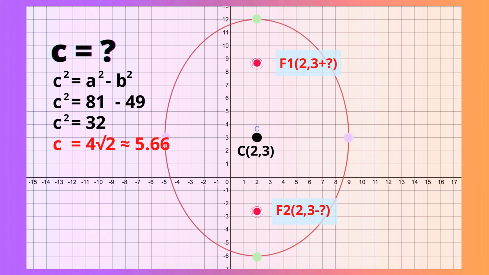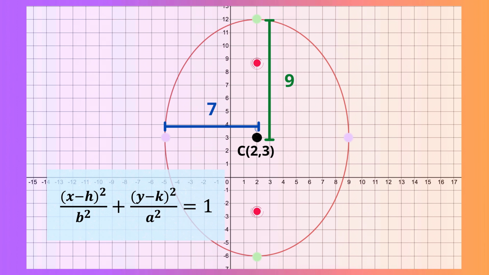Thus, the coordinates of the foci are (2, 3 plus 4 square root of 2), or approximately (2, 8.66), and (2, 3 minus 4 square root of 2), or approximately (2, negative 2.66).